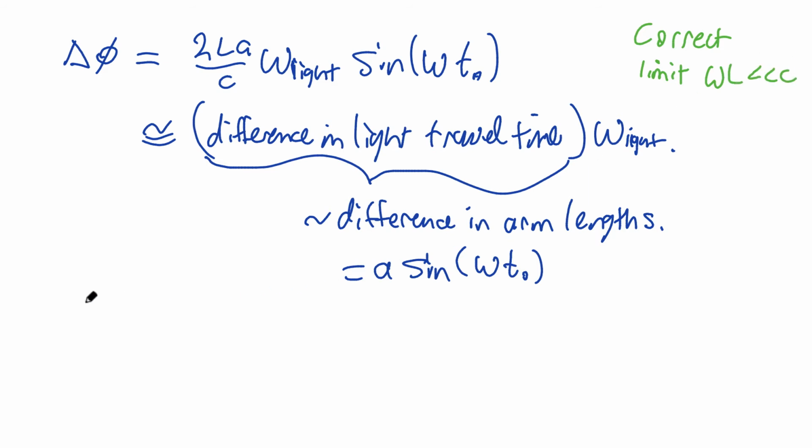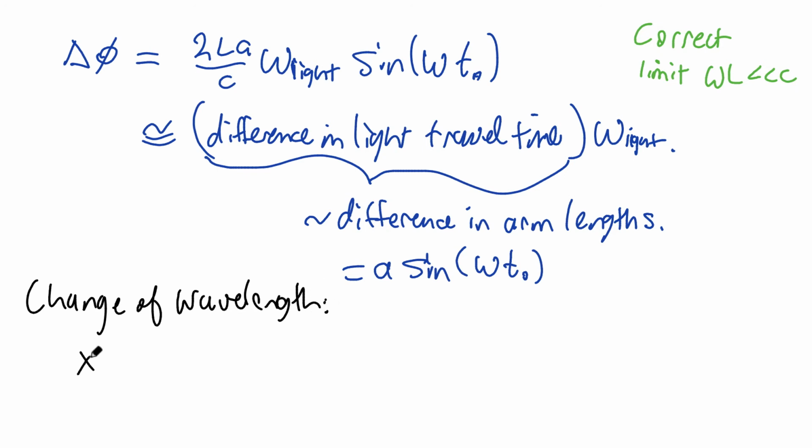Now let's estimate the change in wavelength of the light due to expansion or contraction of space. First, let's look at the light that propagates in the X arm. The fractional change in the wavelength, that's delta lambda over lambda, is equal to the fractional change in the arm length.